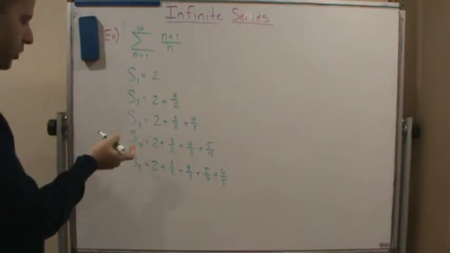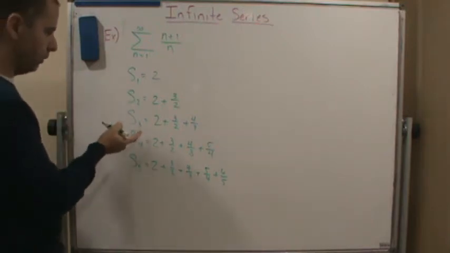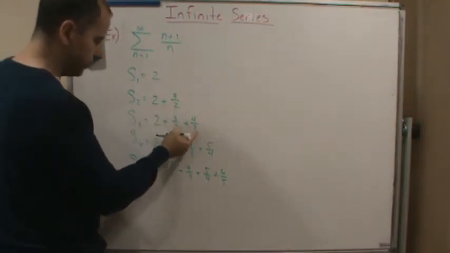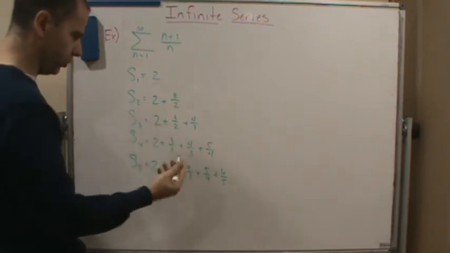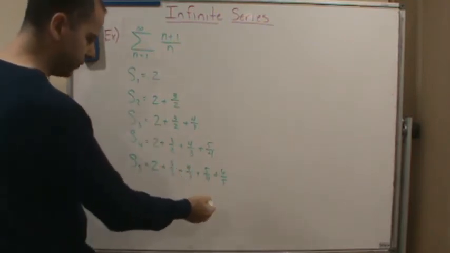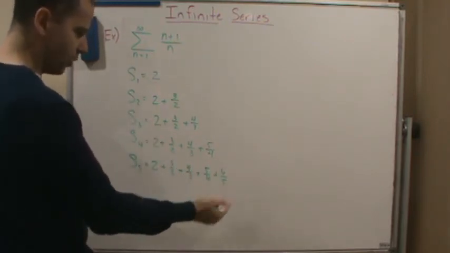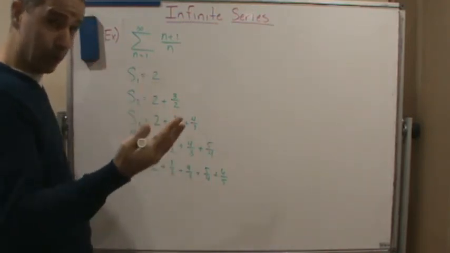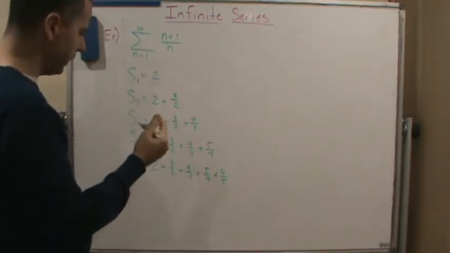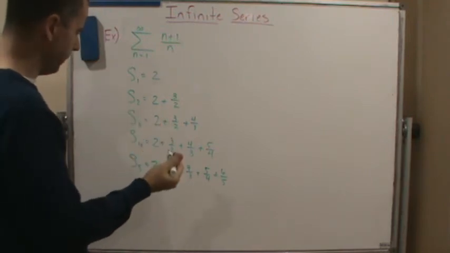But it's getting closer to 1, right? So each one of these terms, I'm adding something bigger than 1, but it's getting closer and closer to 1, right? 6/5, 7/6. So it's getting closer and closer to 1, but it's still bigger than 1. Okay, so I'm always going to be adding something bigger than 1.